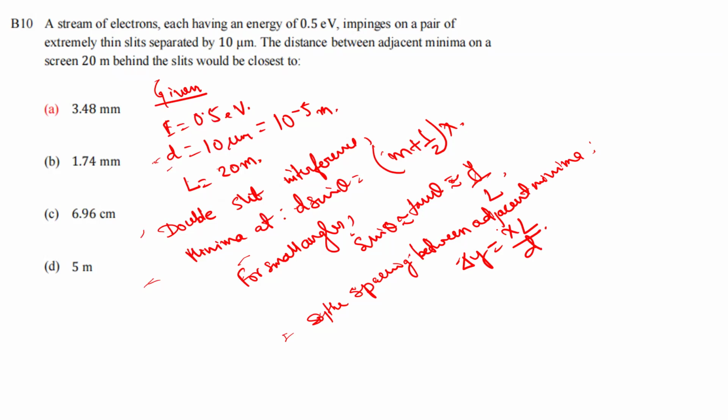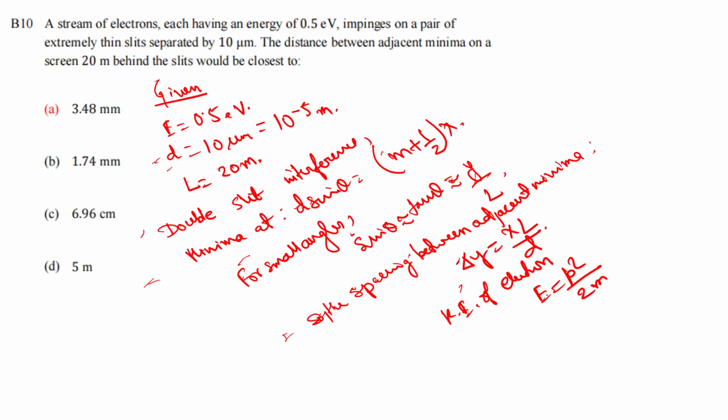We will compute lambda. The de Broglie wavelength of the electron can be written in terms of its kinetic energy: E is equal to p squared by 2m.